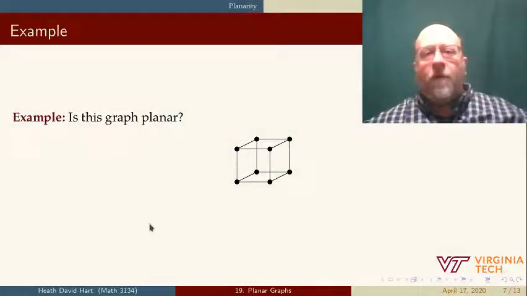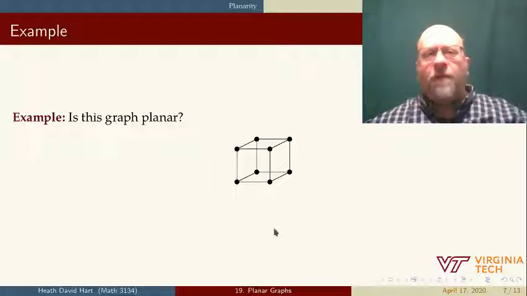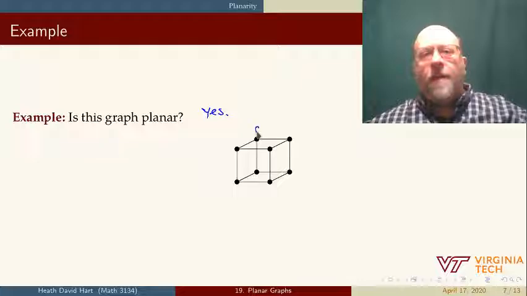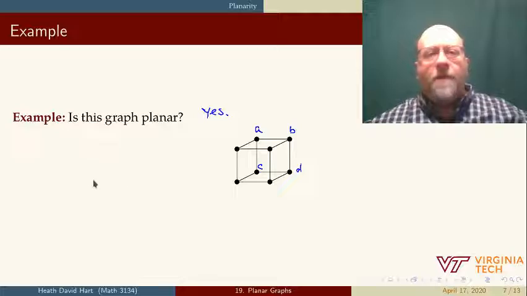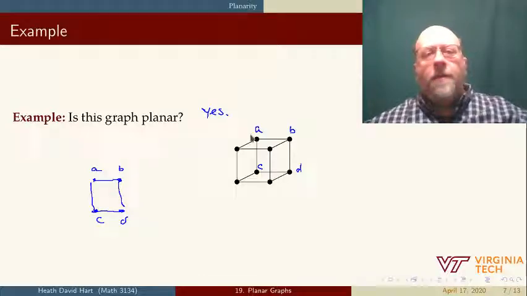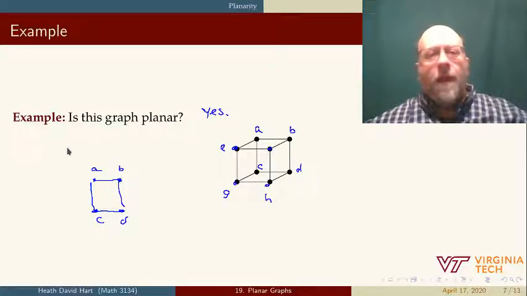How about this graph? Looks like a cube. Is it planar? Is there a way of dragging the vertices around so that the edges don't cross? And the answer is yes. Let's look at this. Let's take the vertices here, call them A, B, C, and D. A, B, C, D form a square. And then take these other vertices, call them E, F, G, and H, and put a bigger square.